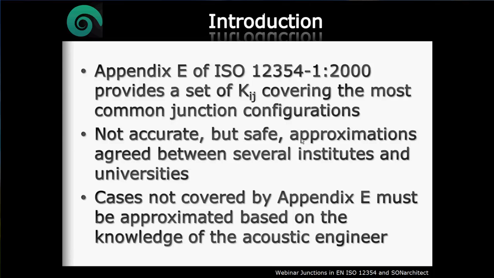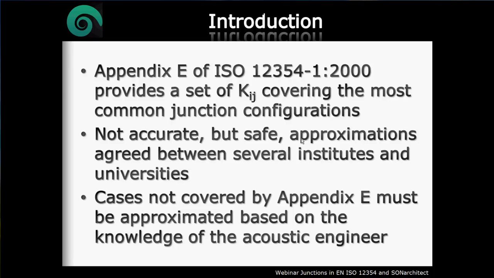Okay, there's another important thing to know about the KJ indexes in the Appendix E, that they are not accurate. I mean, they are just approximations that have been agreed between several institutions, between several laboratories and universities.